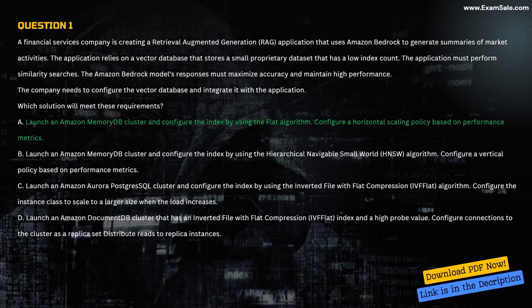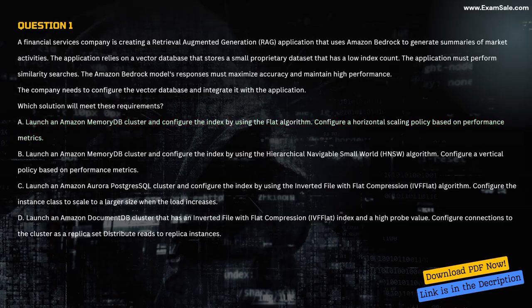C. Launch an Amazon Aurora PostgreSQL cluster and configure the index by using the inverted file with flat compression (IVF-flat) algorithm. Configure the instance class to scale to a larger size when the load increases. D. Launch an Amazon DocumentDB cluster that has an inverted file with flat compression (IVF-flat) index and a high probe value. Configure connections to the cluster as a replica set to distribute reads to replica instances.